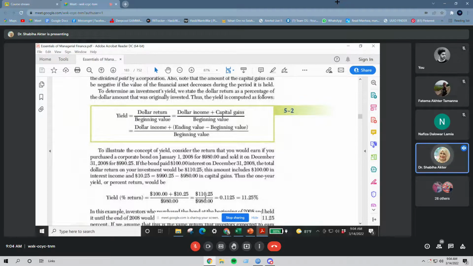So if you go through the book, it's not that difficult. So today I decided to discuss this topic from your book so that you have some reference to study.